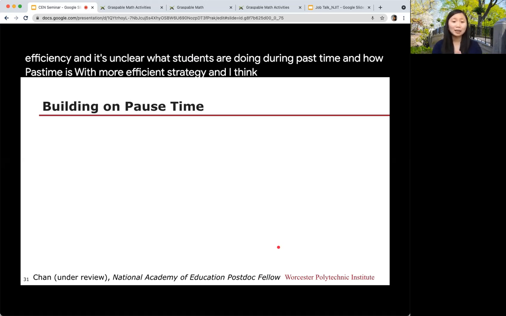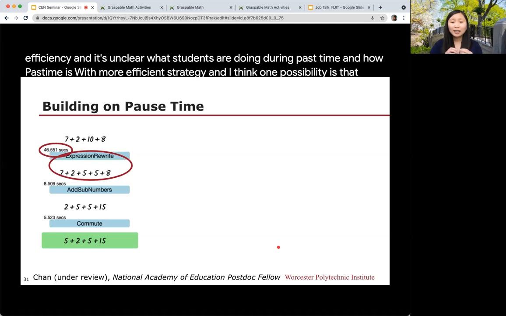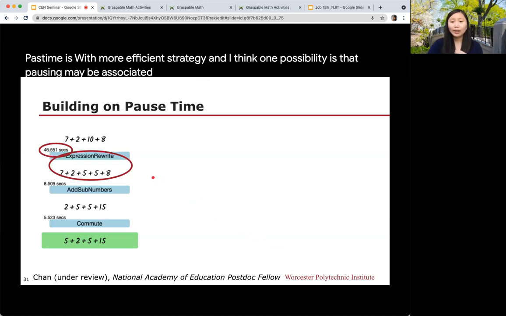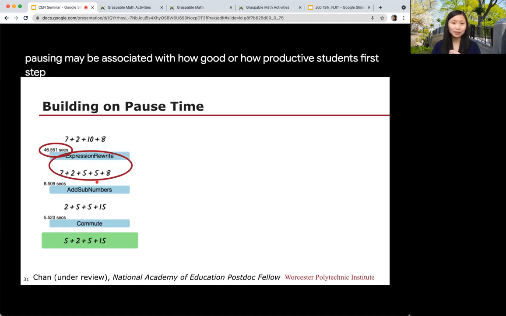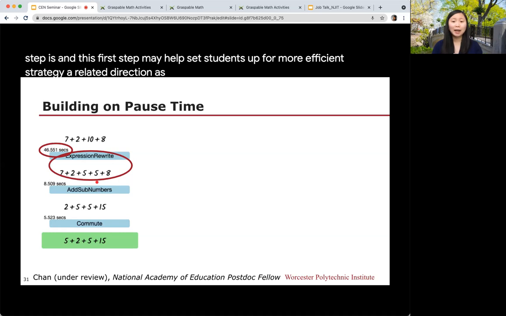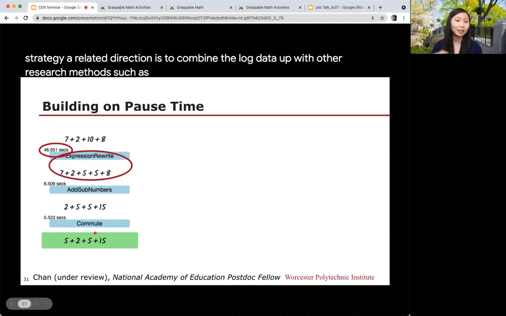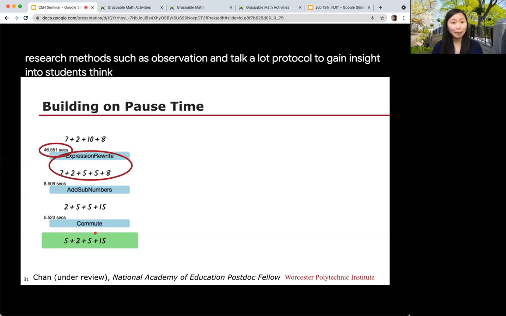One possibility is that pausing may be associated with how good or how productive students' first step is, and this first step may help set students up for a more efficient strategy. A related direction is to combine the log data with other research methods, such as observation and talk-aloud protocols, to gain insight into students' thinking and problem solving.